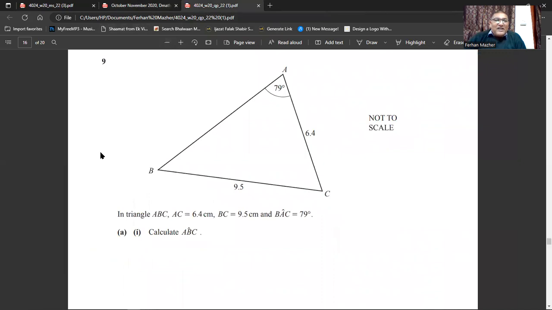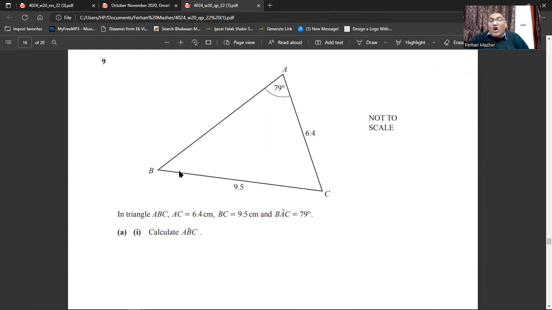The next question coming up on your screen is question number 9. In the triangle ABC, AC is 6.4 centimeters, BC is 9.5 centimeters, the BAC angle is 79 degrees. Calculate the ABC angle. So opposite to this side, we have 79. Opposite to this side is the ABC angle, which is the question.